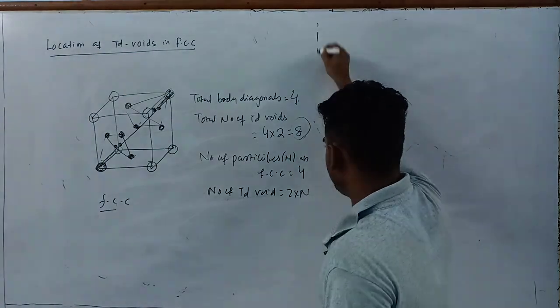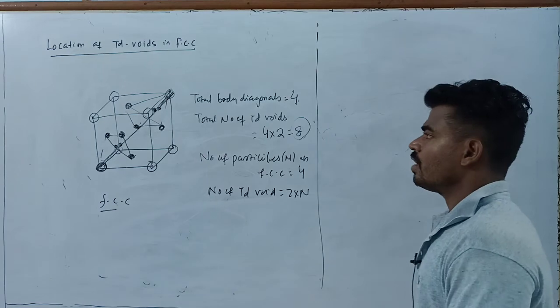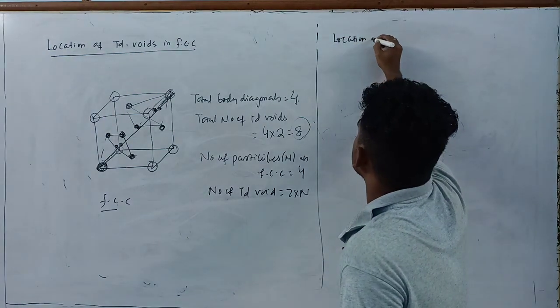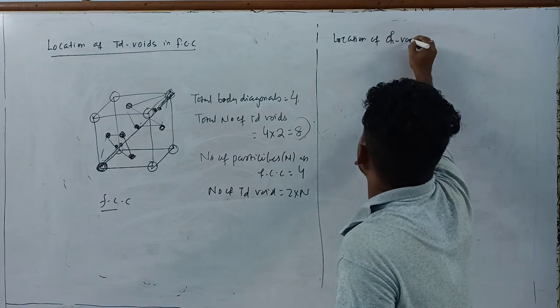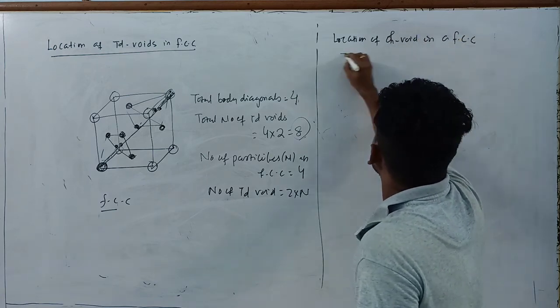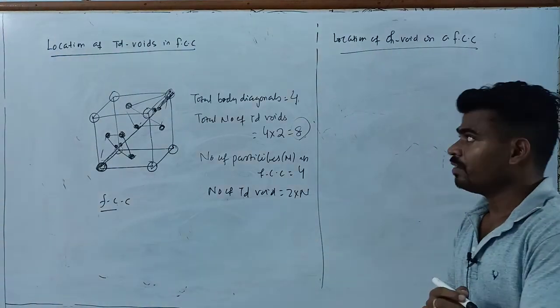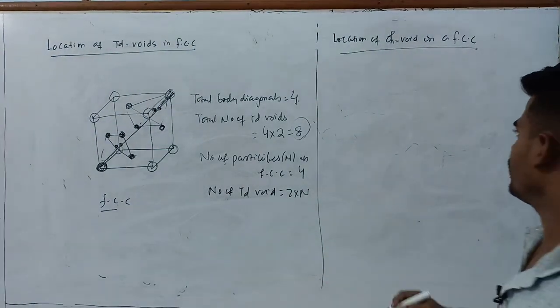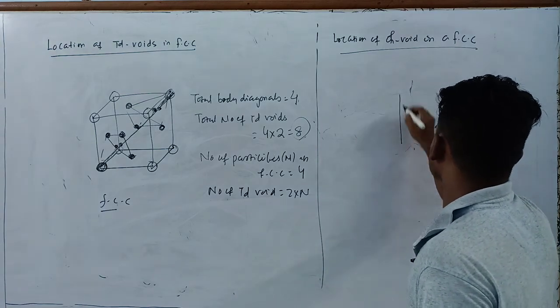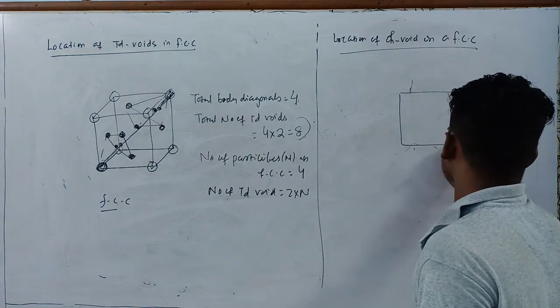Similarly, if I need to see the octahedral void, that is the location of octahedral void in an FCC, if you need to locate the octahedral void, again suppose a cube I am drawing over here.